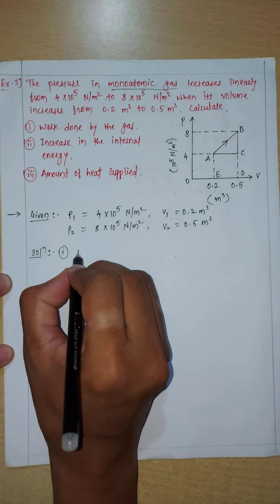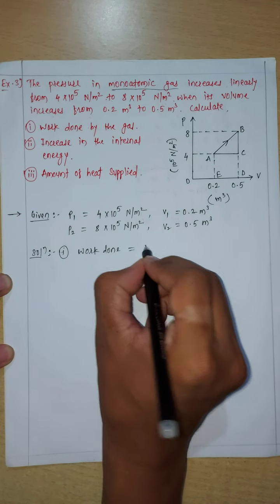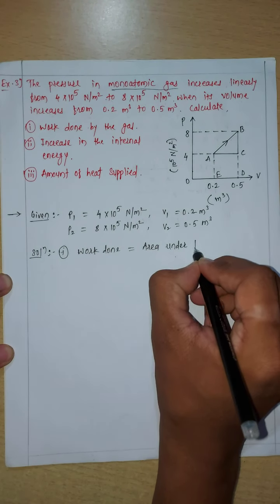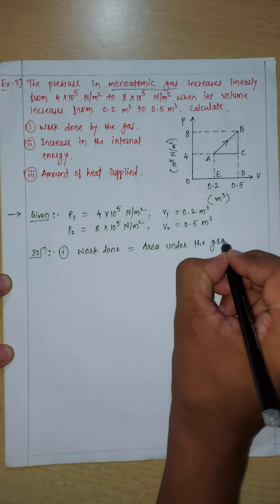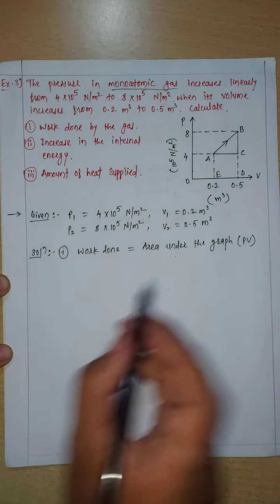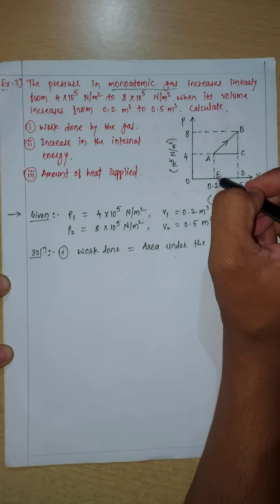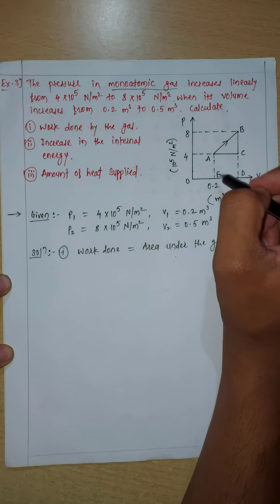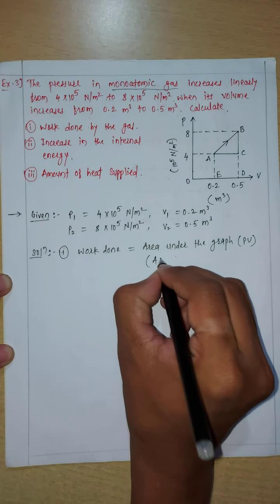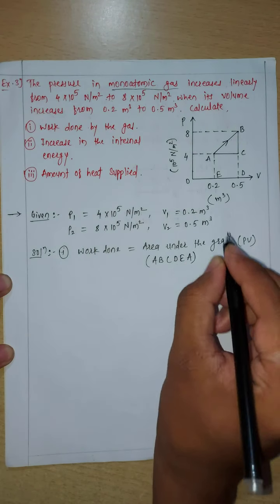So here work done equals the area under the graph, the PV graph. How much area? That is A, B, C, D, E, A. That much area.